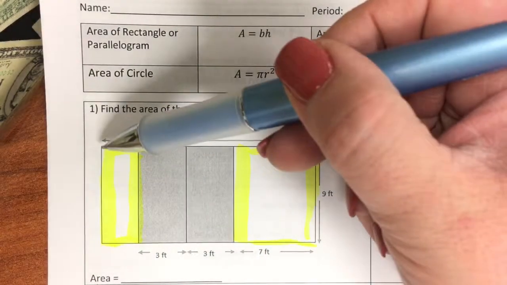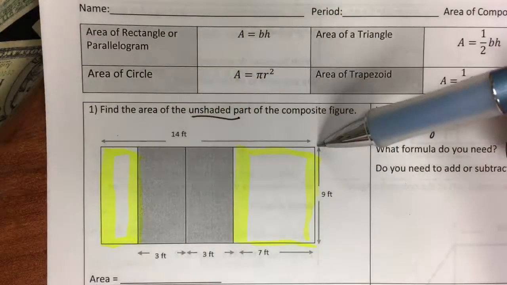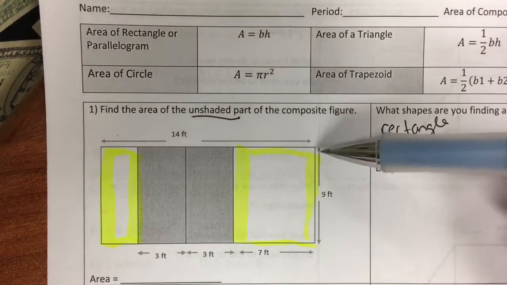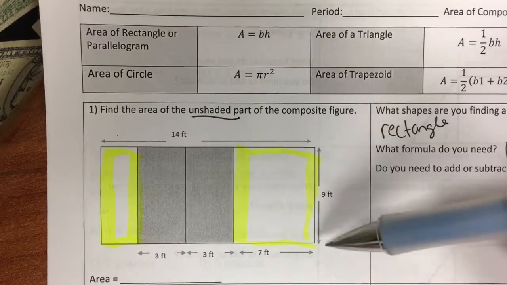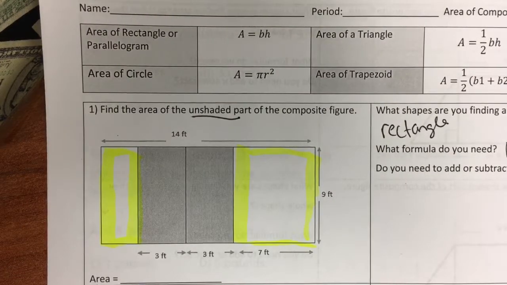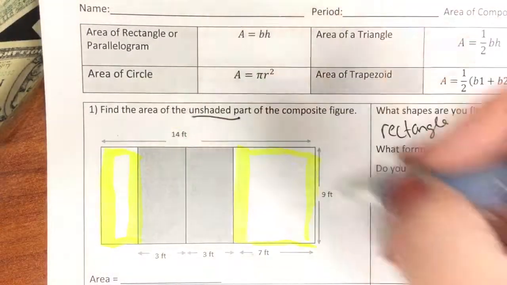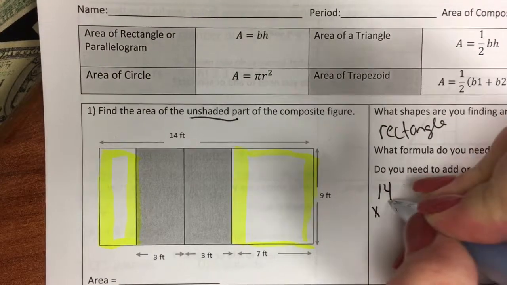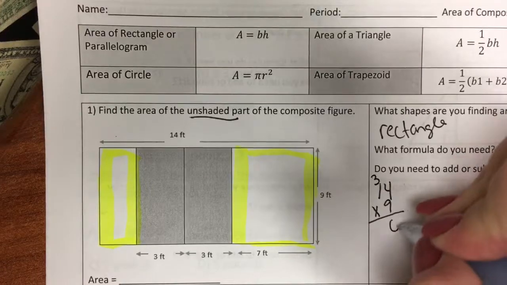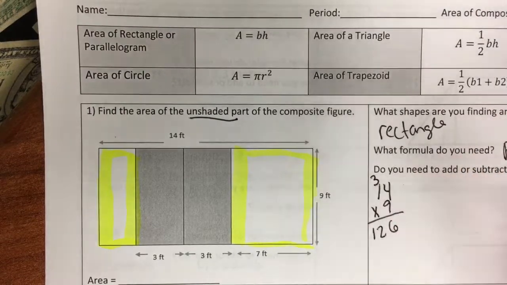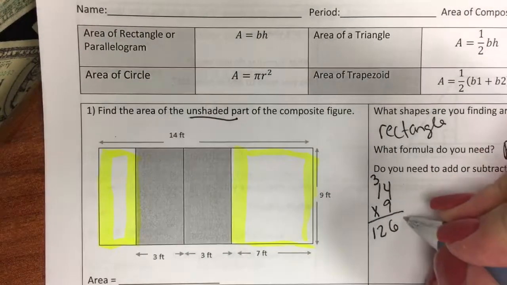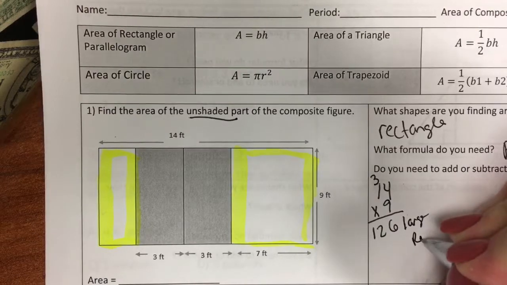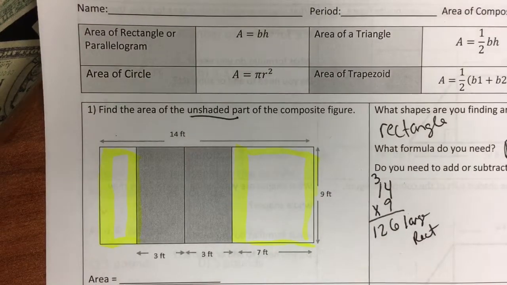So what we know is from here to here is 14, and from here to here is 9. So if I wanted to find the area of this larger rectangle, I would multiply 14 times 9, which would give me 126 for the large rectangle.